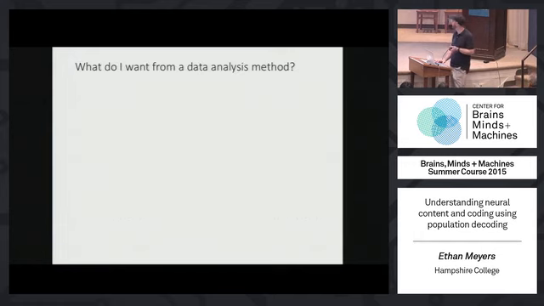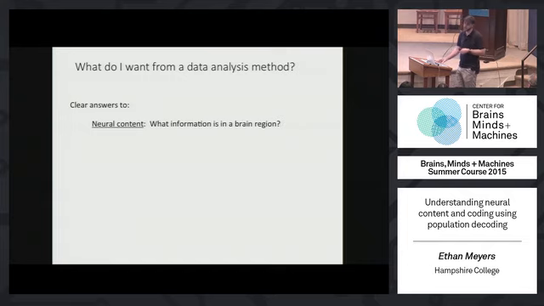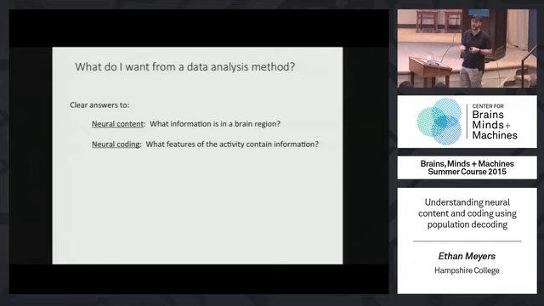So what I'm looking for is clear answers to questions. In particular, I'm interested in two things. One is neural content, and that is what information is in a particular region of the brain and at what time. The other is neural coding, or what features of the neural activity contain that information.